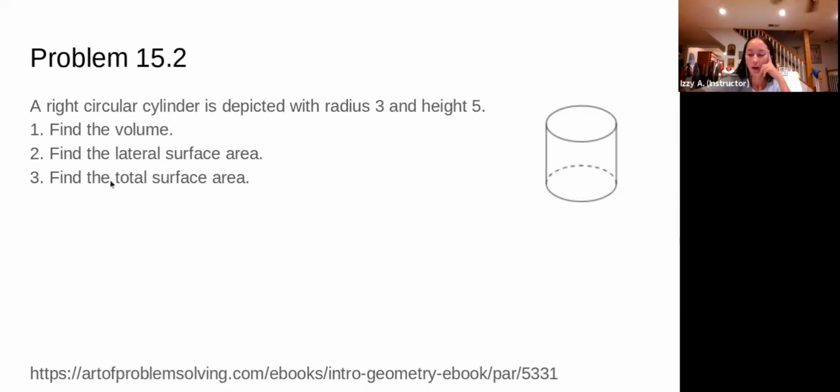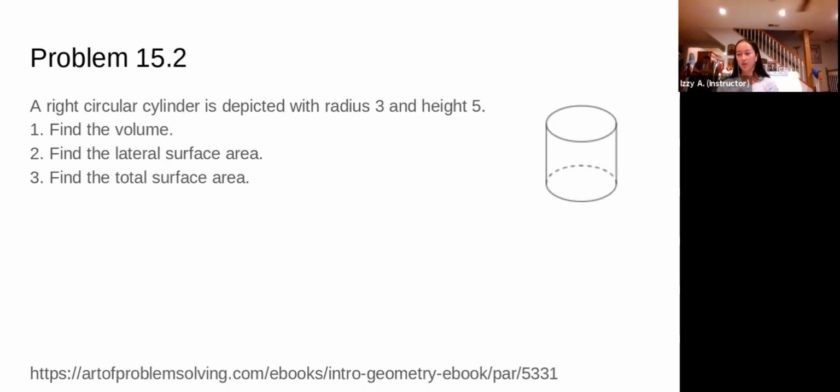Now that I think about it though, we learned the formulas for the volume, the lateral surface area, and the total surface area in a previous lesson. Okay, I'll give you some hints.